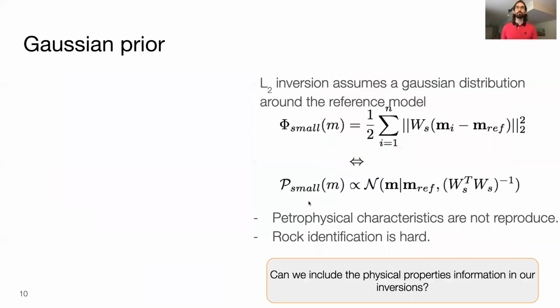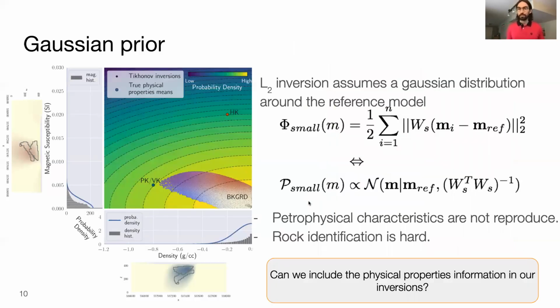And all these behaviors are actually very expected, because what a least squares inversion does in the end is, if we take a smallness that's in the shape of a least square, it actually means that we're assuming a normal distribution of the parameters m.